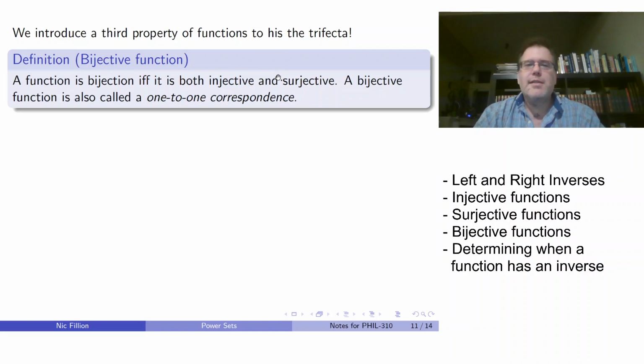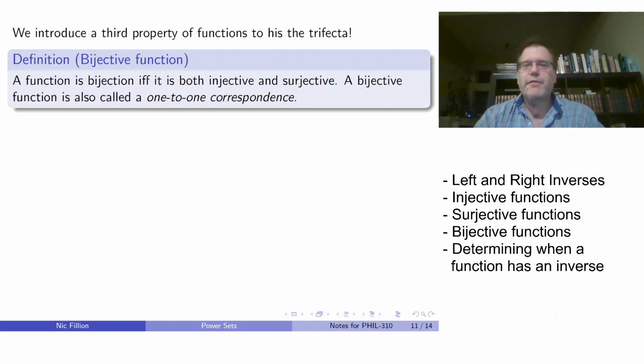A bijective function is also called a one-to-one correspondence, not to be confused with a one-one function, which is another term for injective, which is why I encourage you to use injective, surjective, and bijective, because it's much less confusing. So a function is a bijection if it's both injective and surjective.